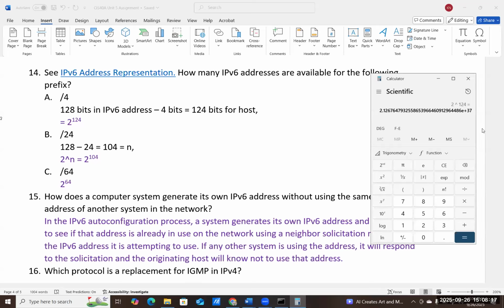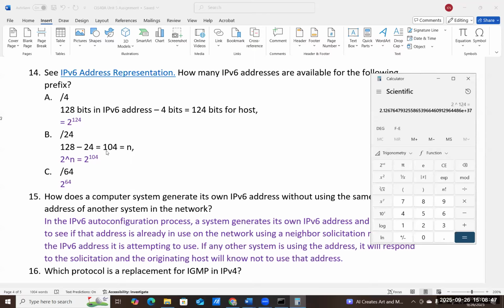For B, same thing. I would take the prefix, which is 24, and I know that there are 128 bits in the IPv6 address. So I would take 128 minus 24, which gives me 104. And I make it an exponent of base 2. Why base 2? Because the computer uses binary, 0s and 1s.